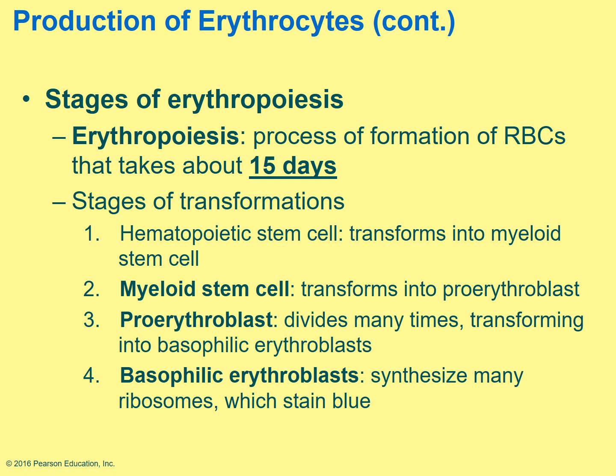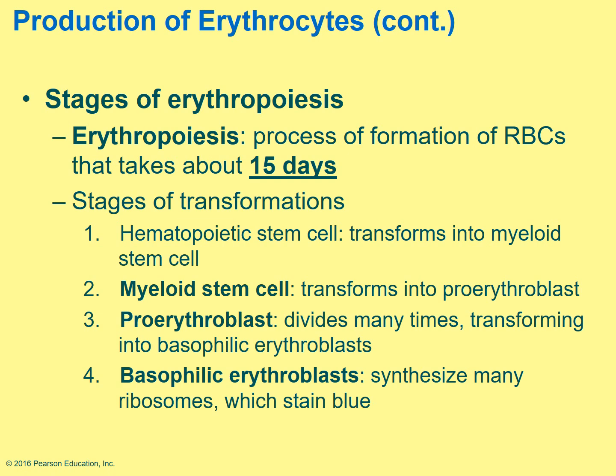So the stages of erythropoiesis, this formation of the red blood cells. The process is going to be about 15 days. You're going to start at the beginning with a stem cell, the hematopoietic stem cell, and it's going to then transform into a myeloid stem cell, which then is going to transform into a proerythroblast.